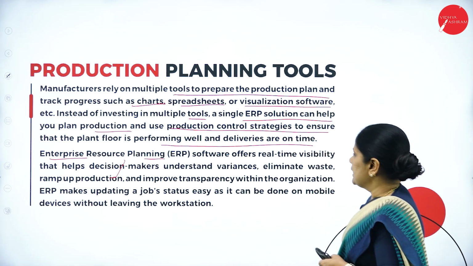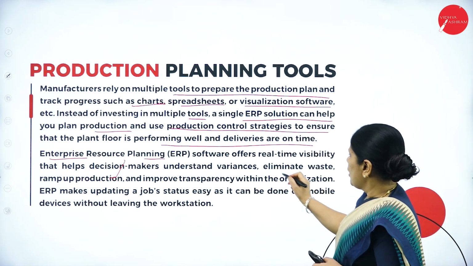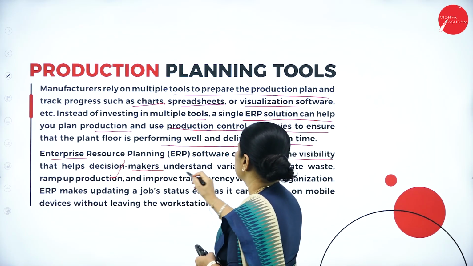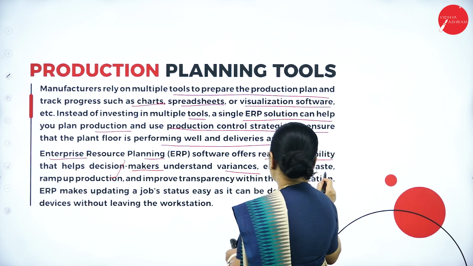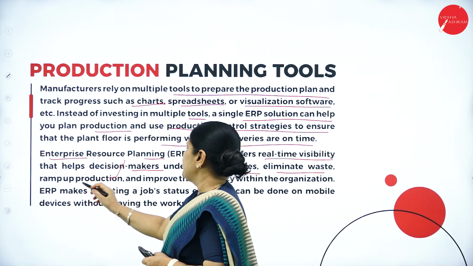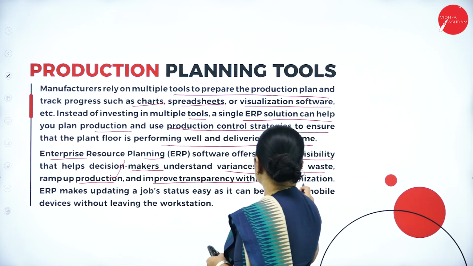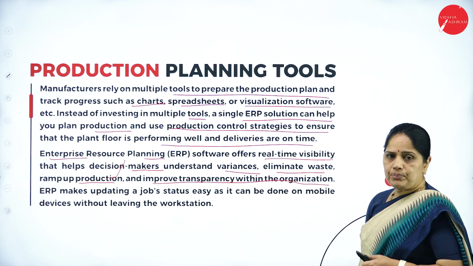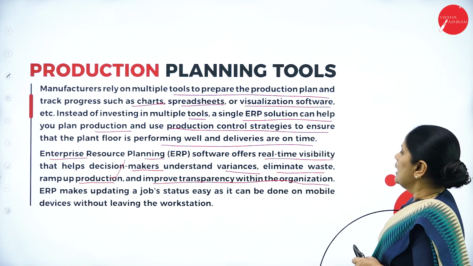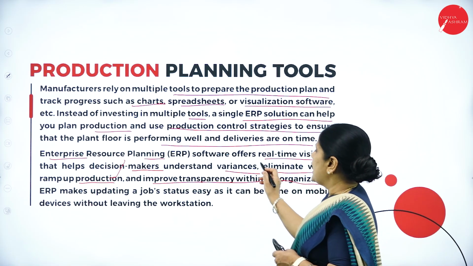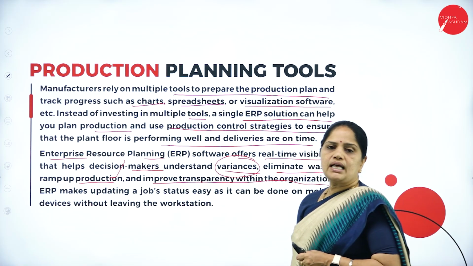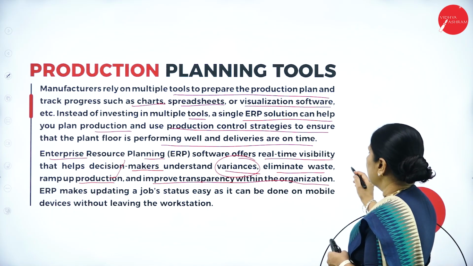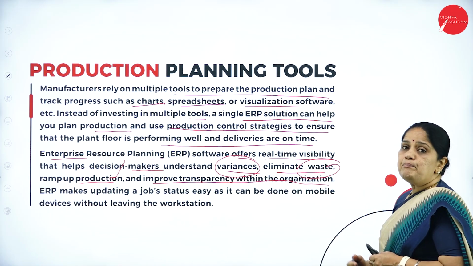Enterprise Resource Planning is a software which offers real-time visibility that helps decision makers understand variances, eliminate waste, ramp up production, and improve the transparency within the organization. So with the help of the ERP, it will help the decision makers understand the variances, so what are the variances in the supply of raw materials, finished goods or anything, and eliminate the waste, ramp up the production.